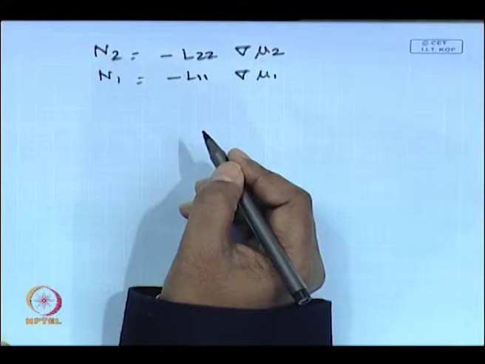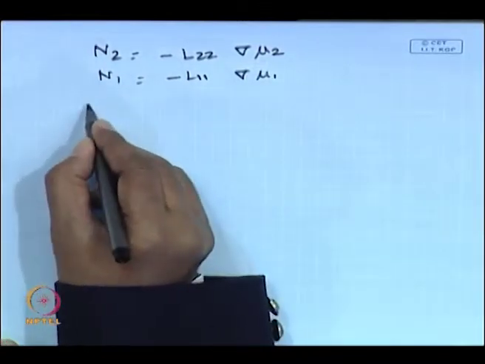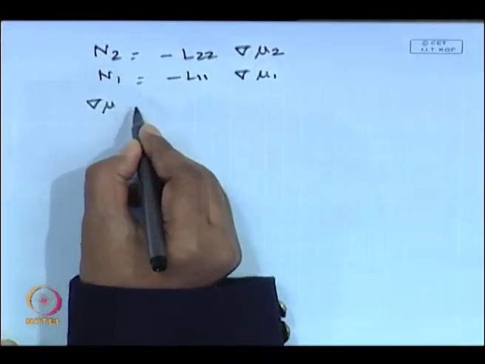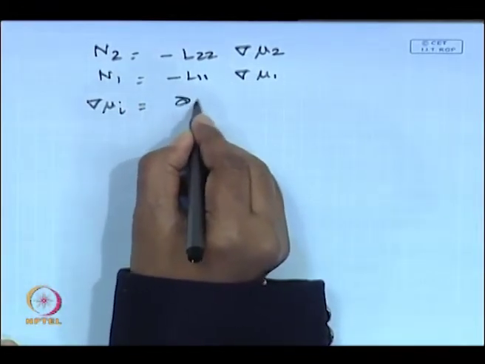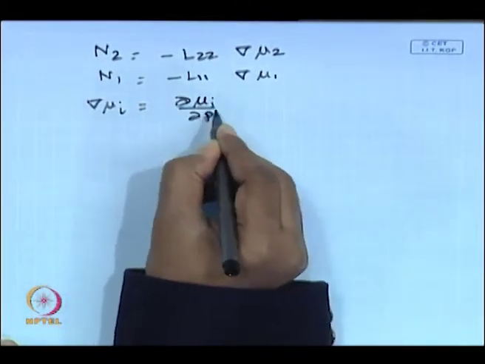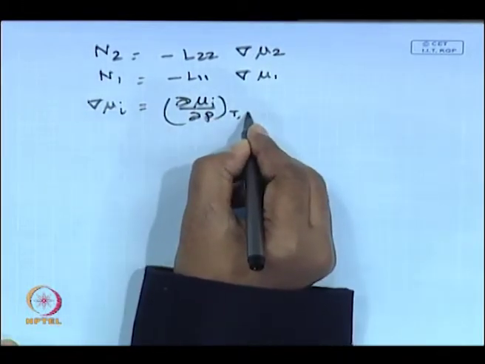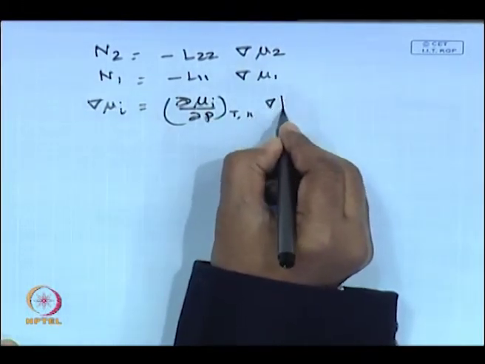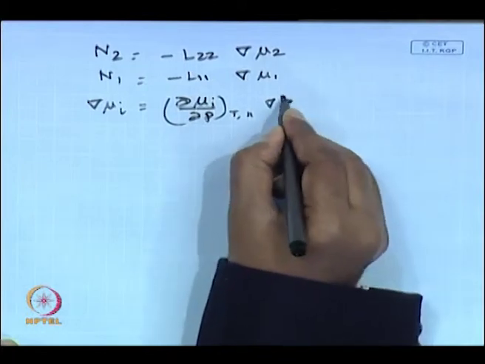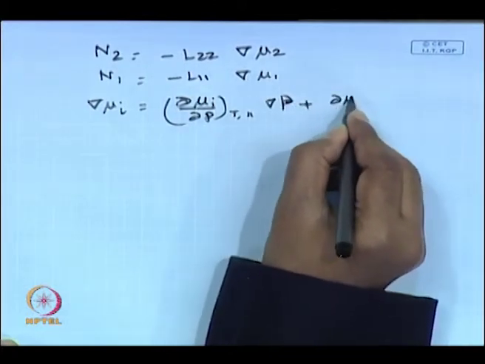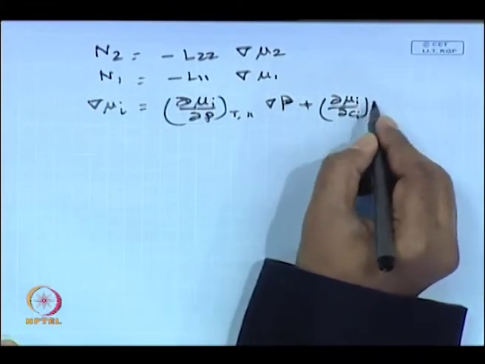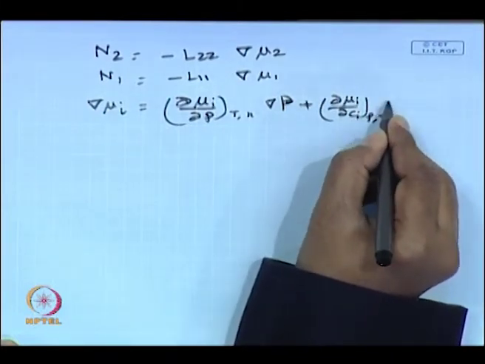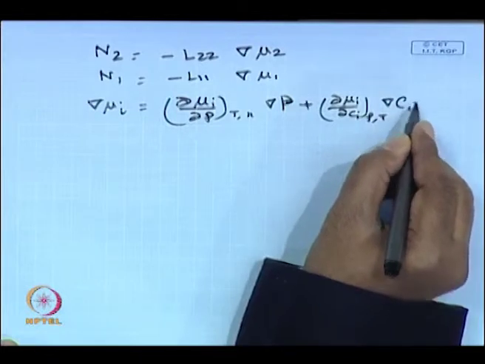And if you look into the definition of chemical potential, gradient of mu i is nothing but del mu i del P at constant temperature and species concentration, gradient of P, plus del mu i del C i at constant P and T, gradient of C i.